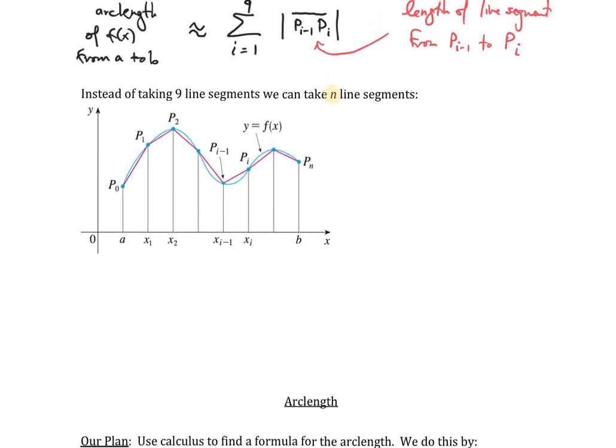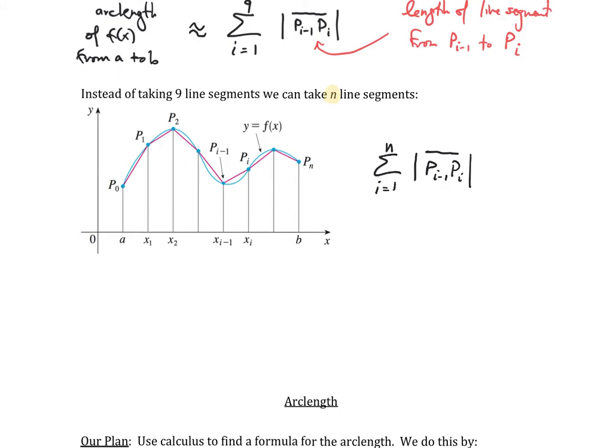So the approximation looks something like the sum, this time from 1 to n, and we still have the same idea. This is P i minus 1, P i, that's what we call each line segment, and we put a line over the top to indicate we're talking about a line segment. And the absolute value lines are indicating it's the length, okay?